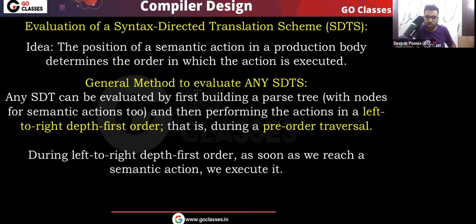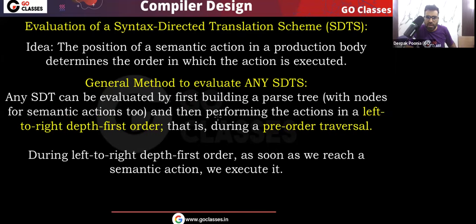What is the general method to evaluate it? Very simple. Any SDT can be evaluated by first building a parse tree with nodes for semantic actions too. When you are making the parse tree, for the semantic actions also you make nodes in the parse tree. Basically, you consider these semantic actions like the leaves, or like the terminals.